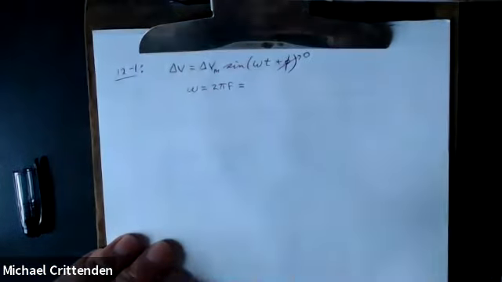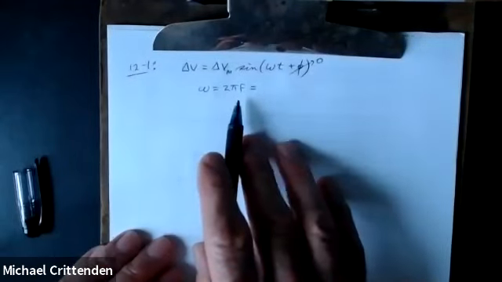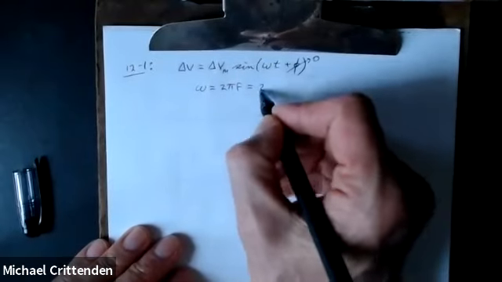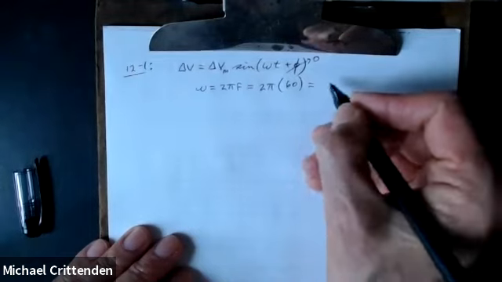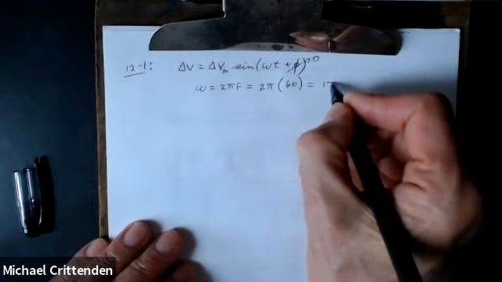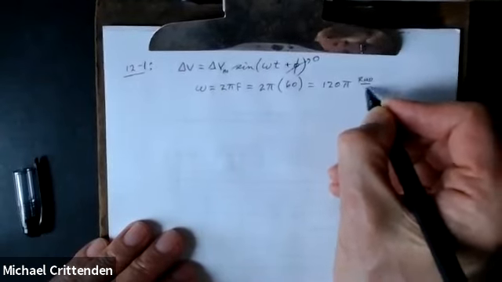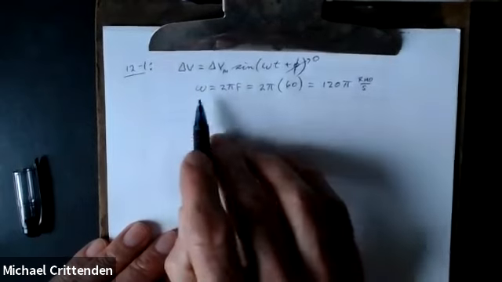The number of revolutions per second that the generators are spinning, that'll be the number of cycles per second of the alternating current that it's producing. 60 hertz for the frequency, and well, if you want to be exact about it, like you would in a math class, 120 pi radians per second is the angular frequency.